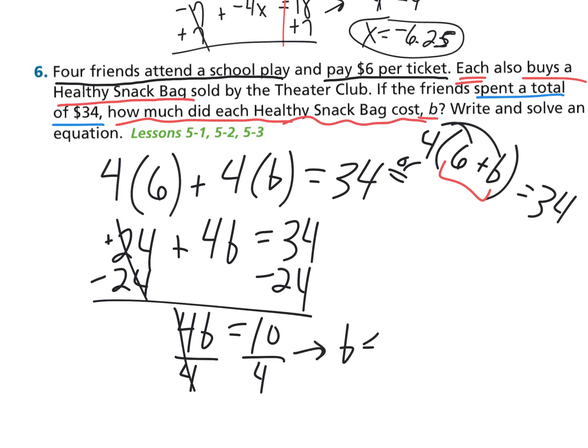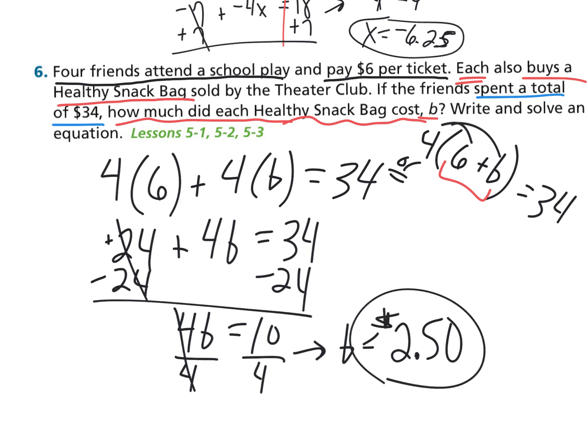When you divide that out, you get 2.5, which means it costs $2.50 for 1 bag. So this gives you an idea of how to write two-step equations, solve two-step equations, and solve equations with the distributive property.